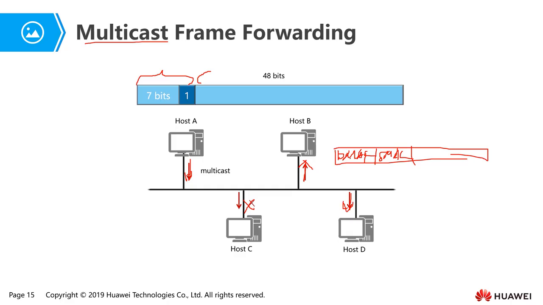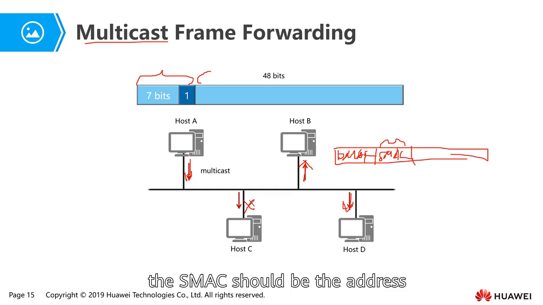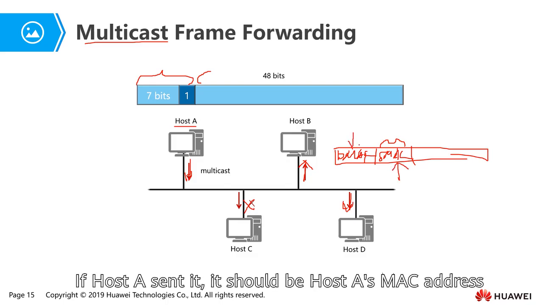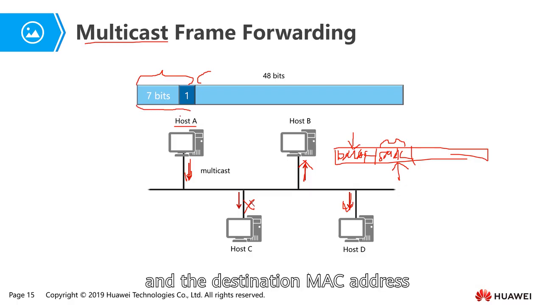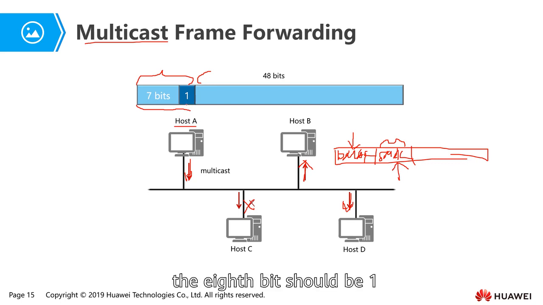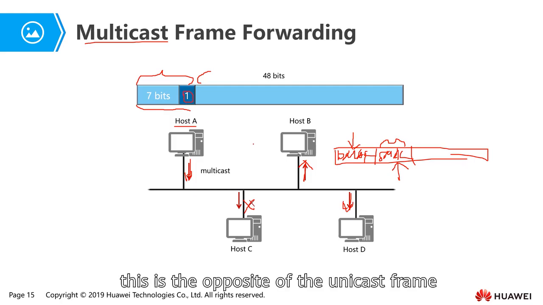The source MAC should still be host A's MAC address, and the destination MAC address should be a multicast MAC address. The multicast MAC address is defined as the eighth bit should be 1. This is the opposite of the unicast frame.